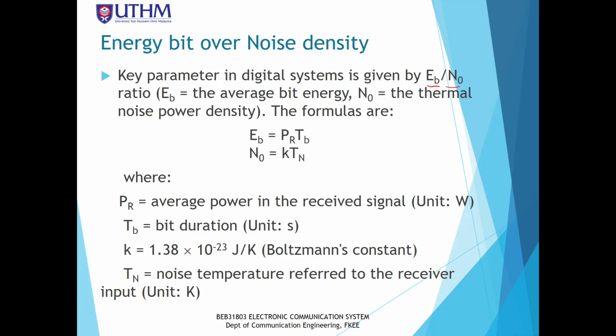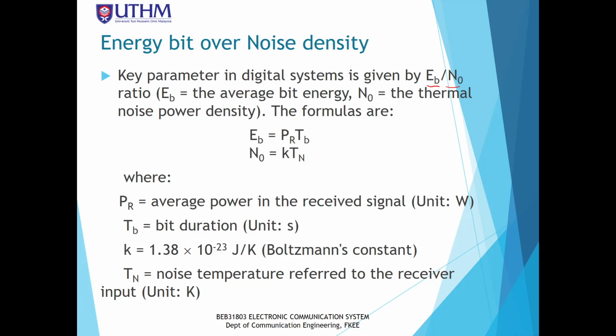This Eb over N0 is an important parameter in the digital system, similar or equivalent to the SNR in the analog. In the analog, we commonly use the SNR, but in the digital system, we normally use Eb over N0 as a performance parameter.